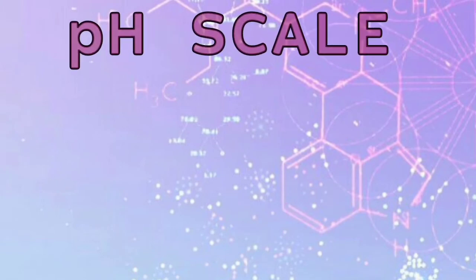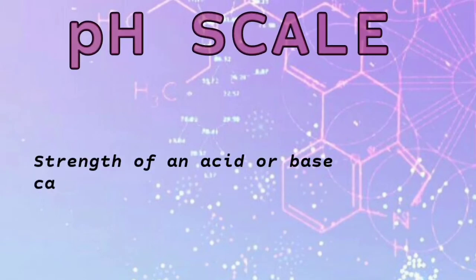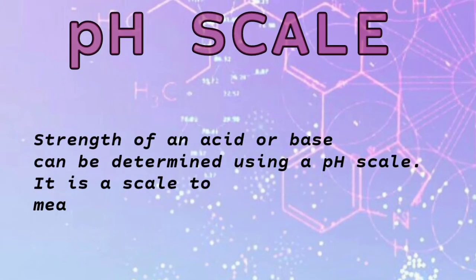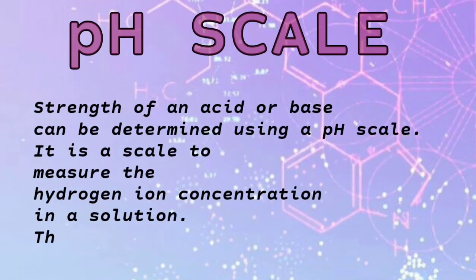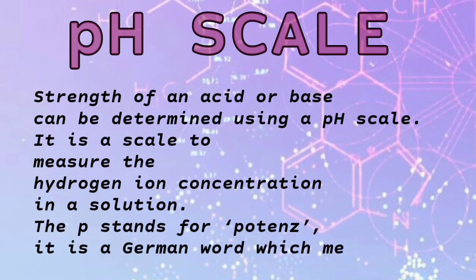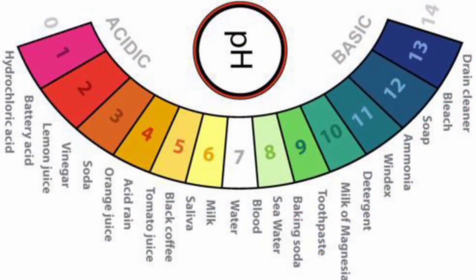pH scale. Now, strength of an acid or a base can be found out using this pH scale. It measures the concentration of hydrogen ions in a solution. We have seen one pH scale before. So, this one, as you can see, to the left of 7 are all the acids or the compounds which are acidic, and to the right side are all the basic compounds.